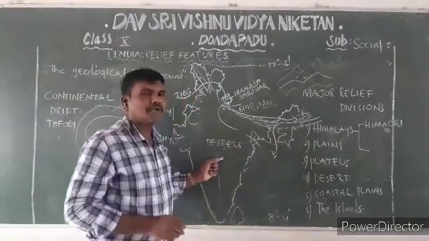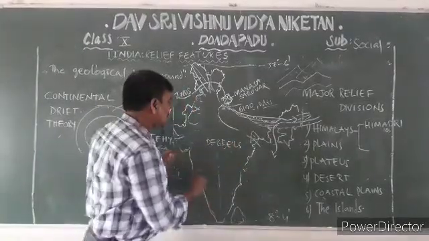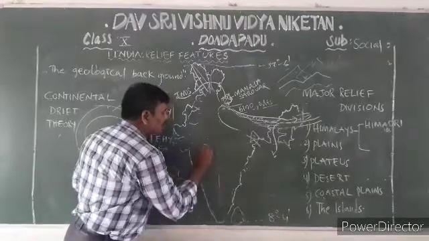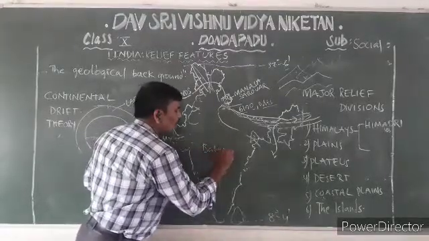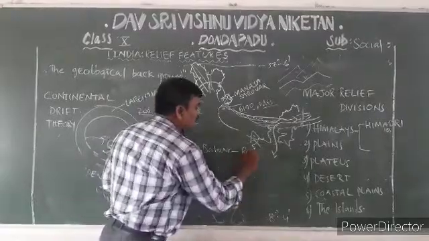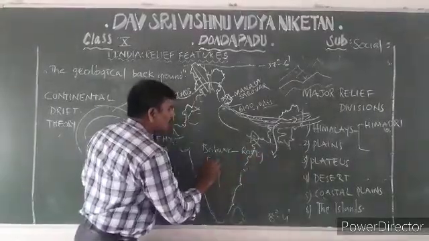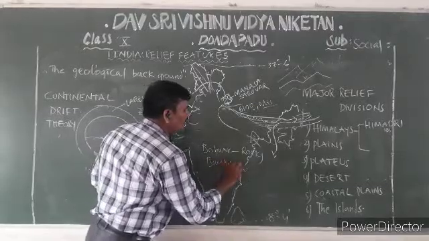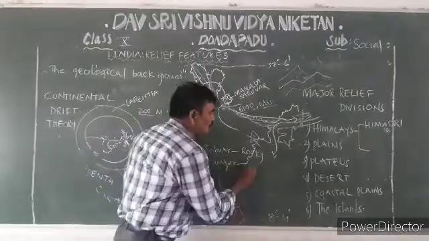See, Babar soil means what? Pebble soil. That you have to remember. Babar means rocks, the soil of rocks. Next one, Bangar. Bangar means old alluvial soil. Old alluvial soil.